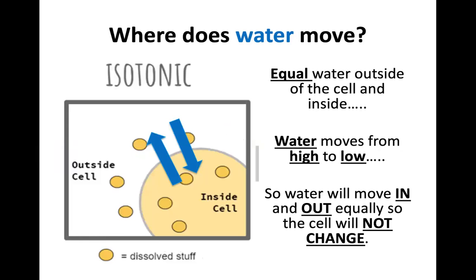So equal water outside and inside the cell. So this white part here, think of this like the beaker, and then this yellow guy here is your cell, okay? So there's equal parts solute inside and outside and equal parts water, so it is balanced.